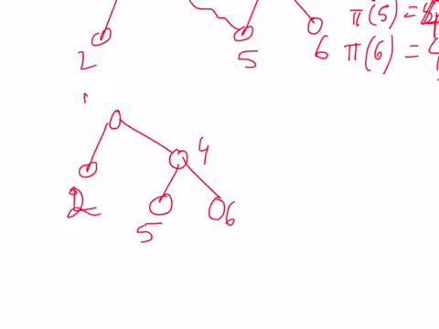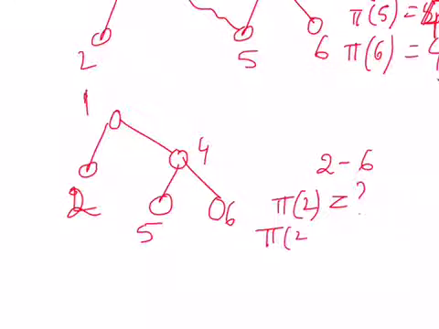So when you have connected like this, if in future I have a query that I am trying to add an edge between vertices 2 and 6, I have to answer this query: who is parent of 2? I know immediately from beforehand, nothing has changed here, that parent of 2 is 1. And now the other question is, who is parent of 6?